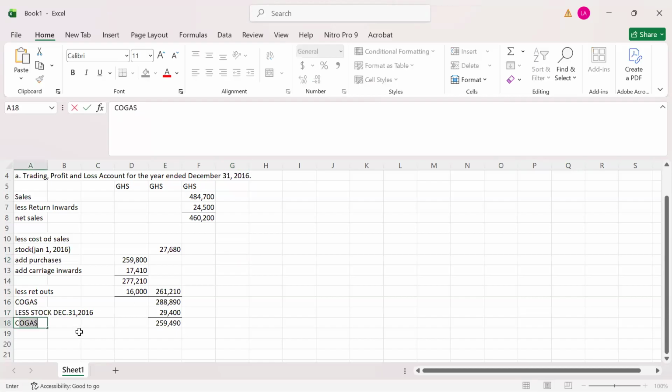So this is the cost of sale. This figure is the cost of sale. So this figure should even come to this.